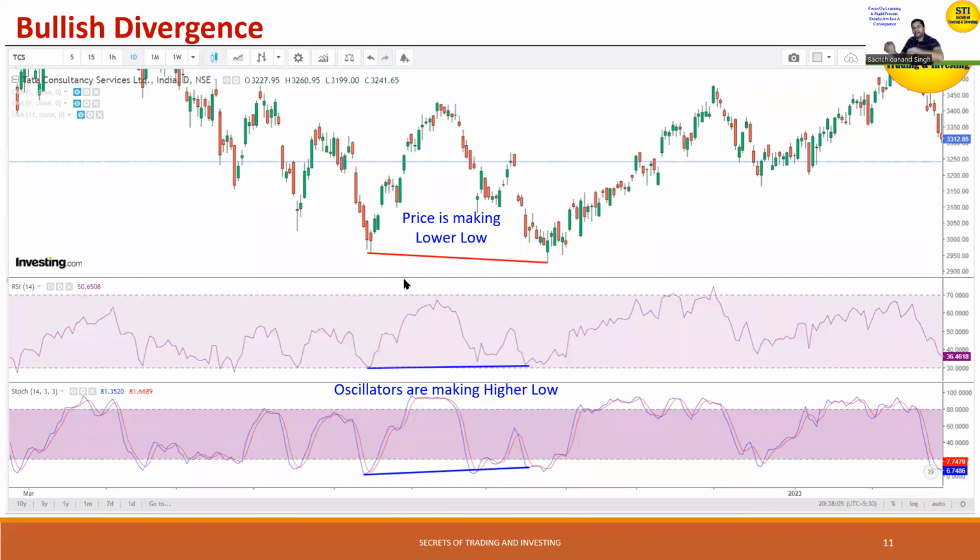That is the literal meaning of divergence. In this example, the price is making a lower low, while the oscillators, RSI and stochastic, are not making a low but a higher low. That is the example of bullish divergence whenever you see it in any chart. Time frame doesn't matter. It can happen in any time frame: weekly, daily, monthly, hourly, 15 minutes, and so on.